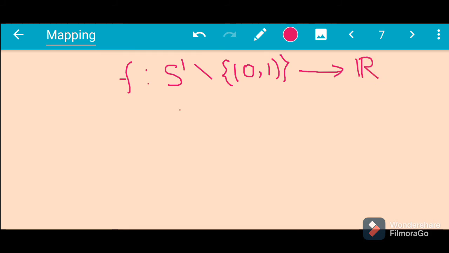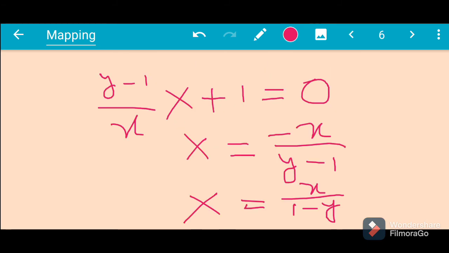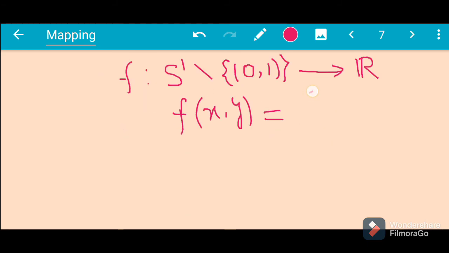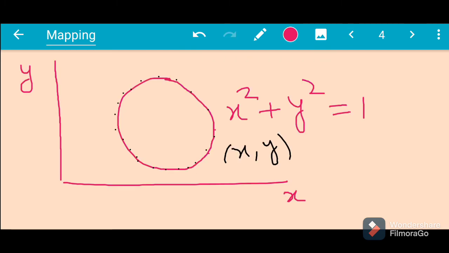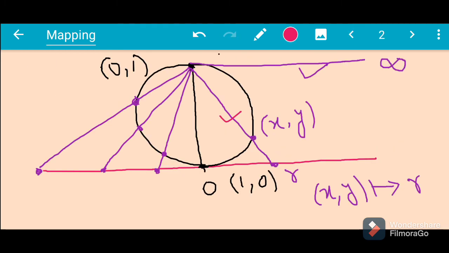So f of (x, y) is equal to x divided by (1 minus y). This is the way of defining the function. Similarly, you can define the function from r back to the point (x, y).